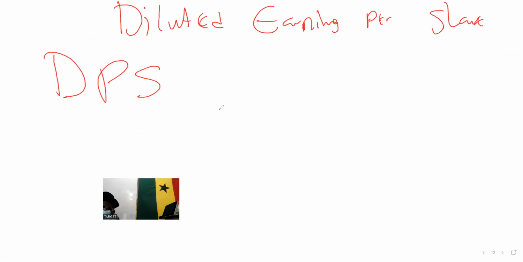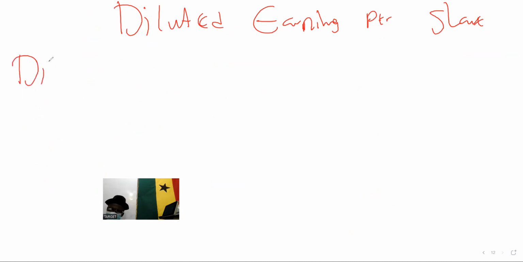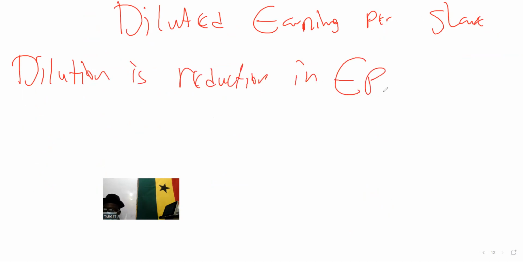So dilution is a reduction in earnings per share or loss per share. If the profit after tax is negative, you call it loss per share, not earnings per share again.